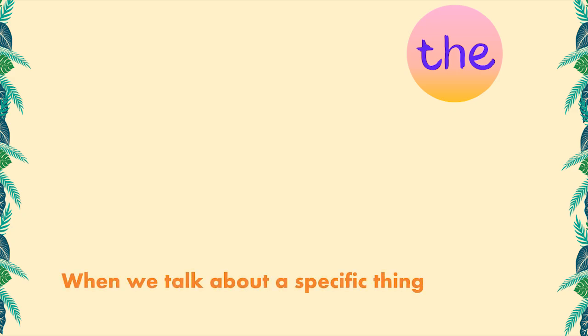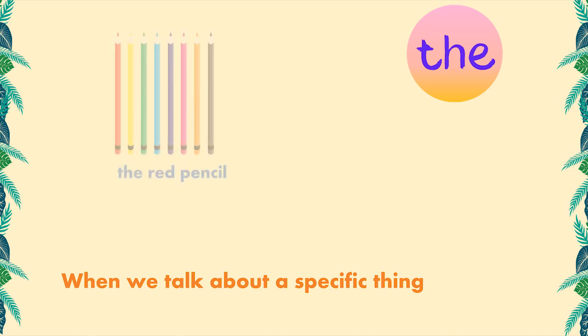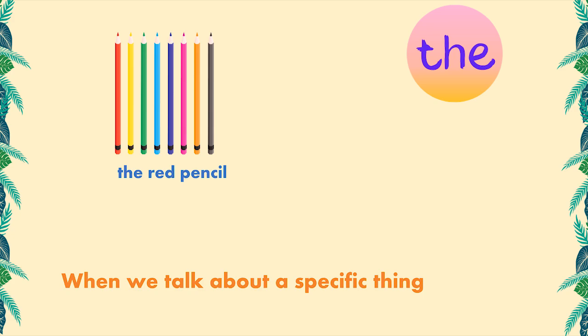When do we use the article the? We use this article when we talk about a specific thing. Let's look at some examples. The red pencil. I have a lot of pencils here, but I am talking only about the red pencil.